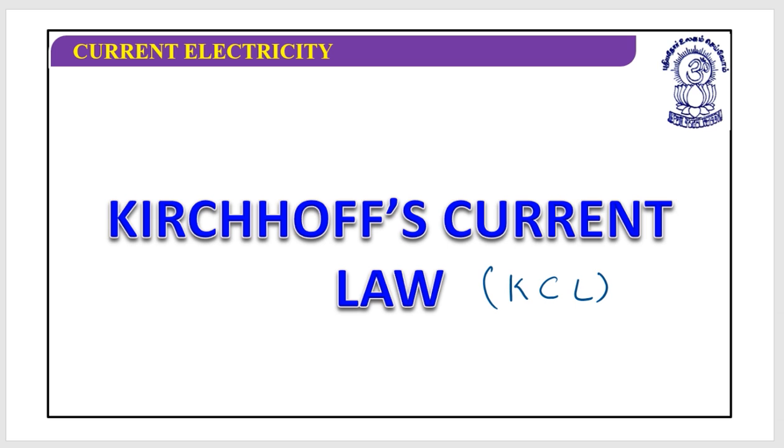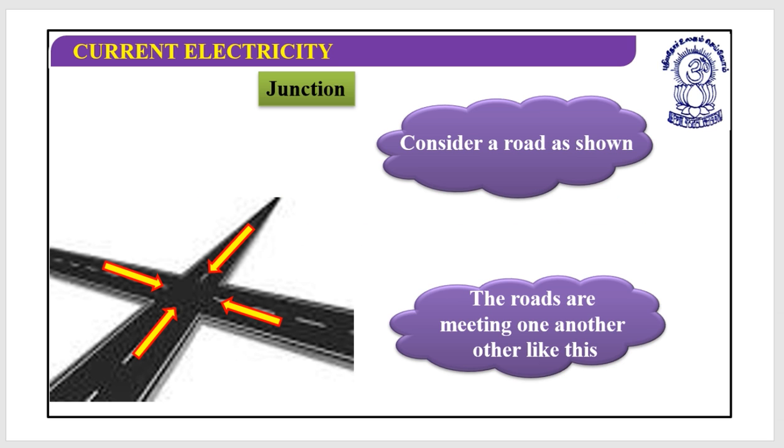Now before we move to the KCL, let's look at certain terminology. One very important terminology is the junction. What do we call a junction? Let's see this diagram. Consider a road as shown. At this point more than two roads are connected with each other.